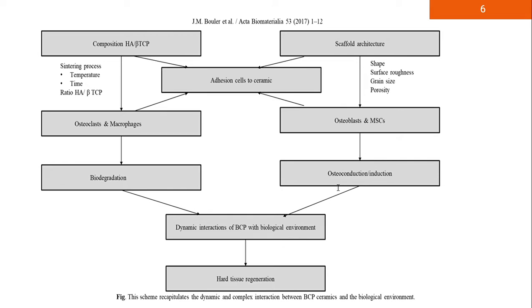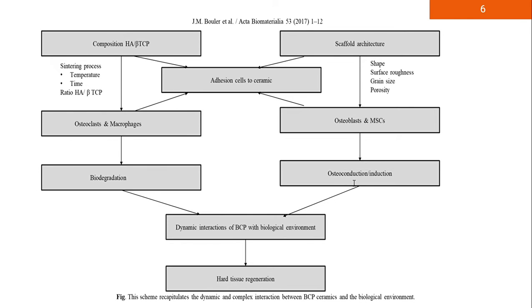The properties can be altered by the material reaction time, the temperature, or the initial molar ratio of calcium and phosphate. This lets the material dissolve in the human body, releasing two ions, calcium and phosphate, and helps recover the hard tissue of the host.